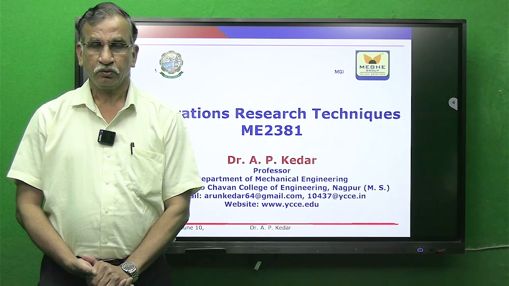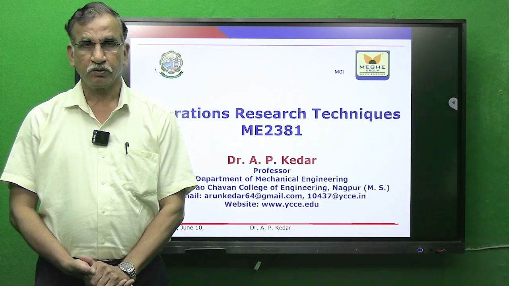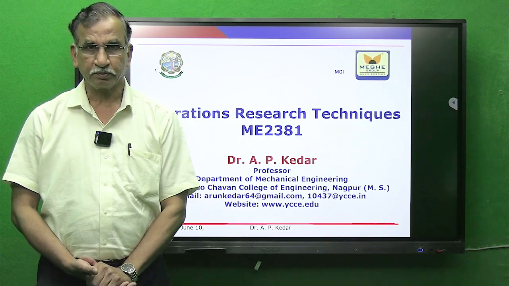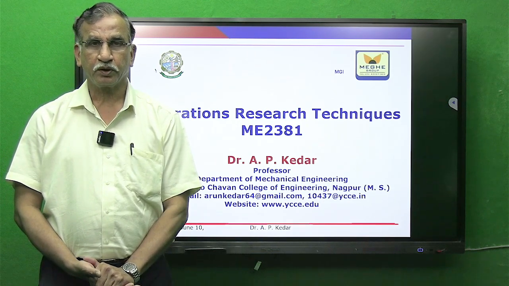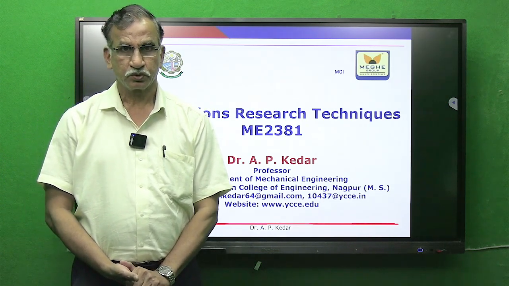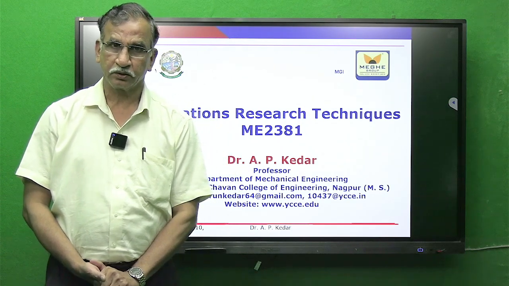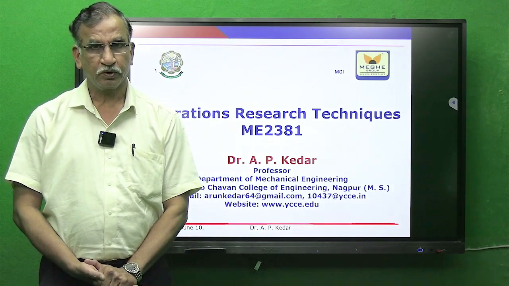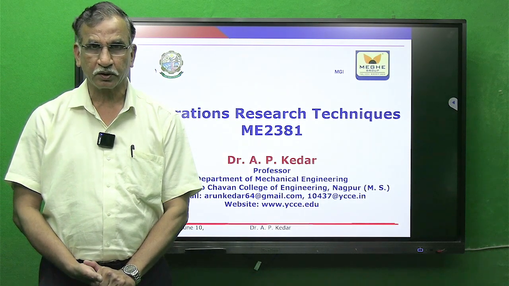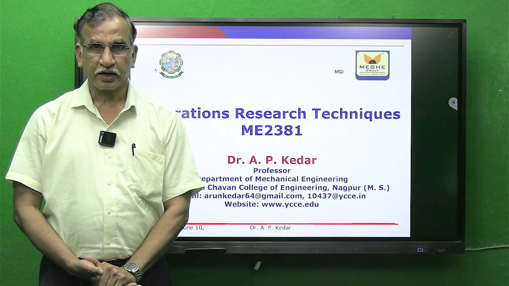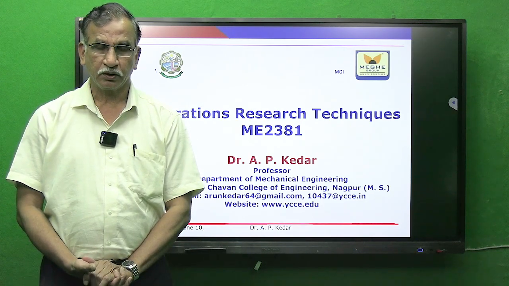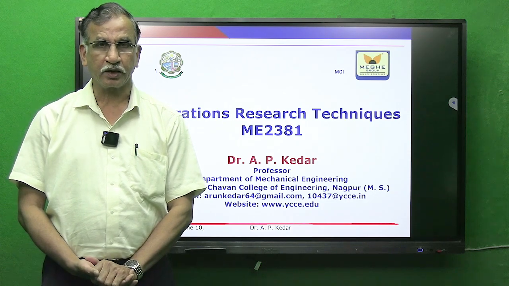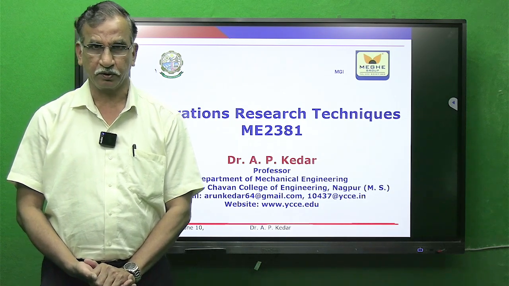So now in today's lecture we will see in depth how analysis is done for PERT and CPM. So let's start today's lecture with one simple network in which I will explain each and every point and how the various calculations are involved in any network.